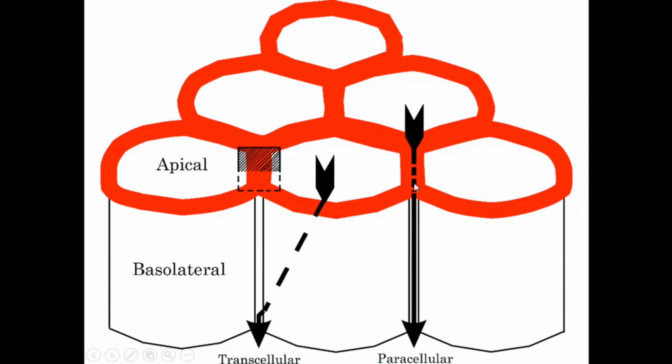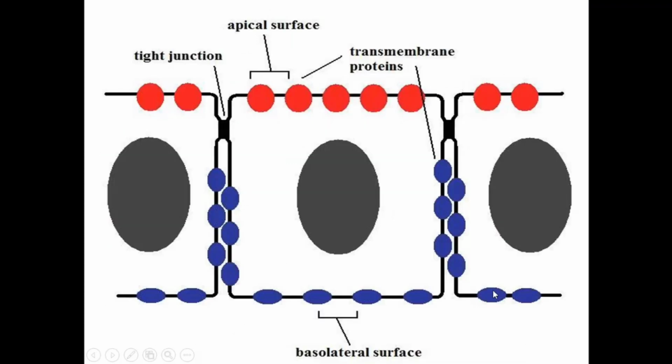The paracellular pathway is blocked, so material has to pass through the transcellular pathway. We can see this information here in this slide.